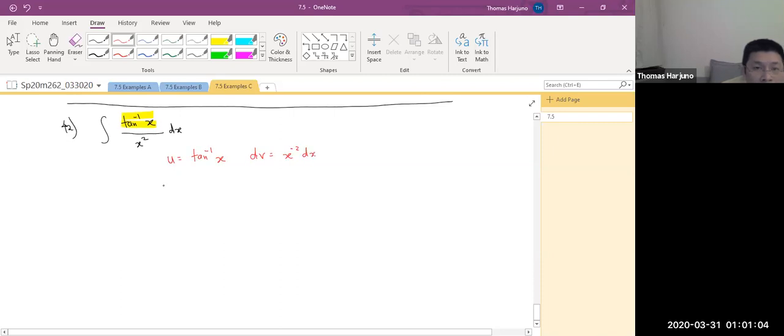dx. The derivative of tangent inverse x is 1 over 1 plus x squared dx, while the integral of x to the negative 2 is negative 1 over x.